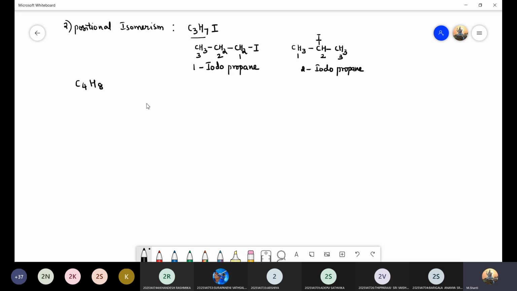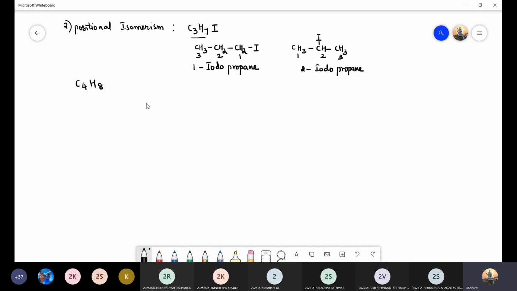C4H8 is an alkene or alkyne? Alkene, ma'am. Okay, so alkenes contain what? Double bonds, ma'am. Okay, double bond. So how many possible structures can you write for C4H8?